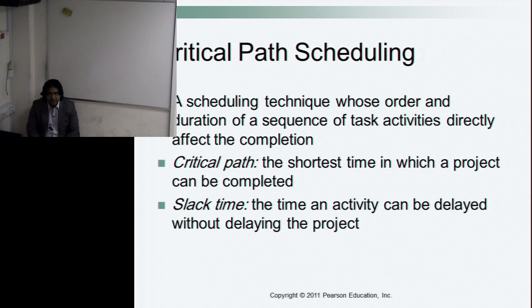If we delay some activities, then it will delay the overall completion of the project. Now, because of this, the completion of the project will be affected, which is not desired ultimately. So, we need to determine a critical path, that is, the shortest possible time in which a project can be completed.